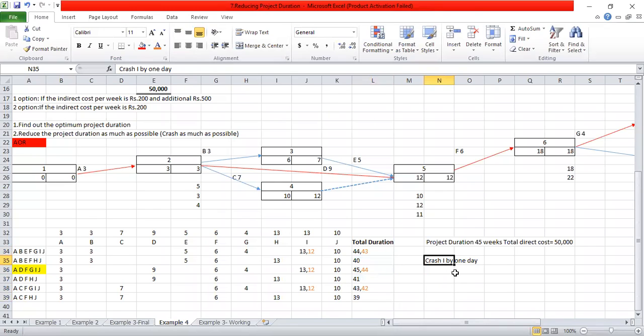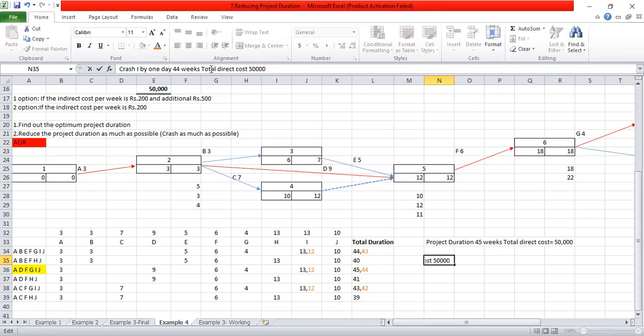Again, what is the critical path? Again, the critical path remains as ADFGIJ. So crash I by 1 day. So the duration is how much? 45 weeks, right? And the total direct cost. We have 50,000 here.